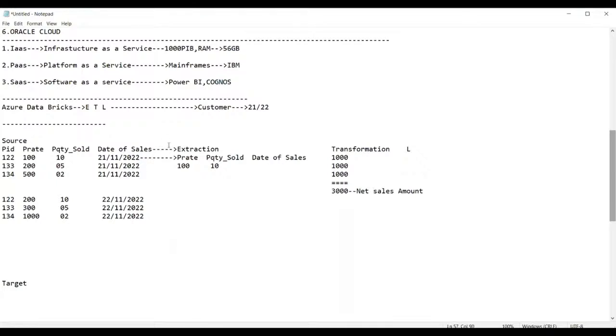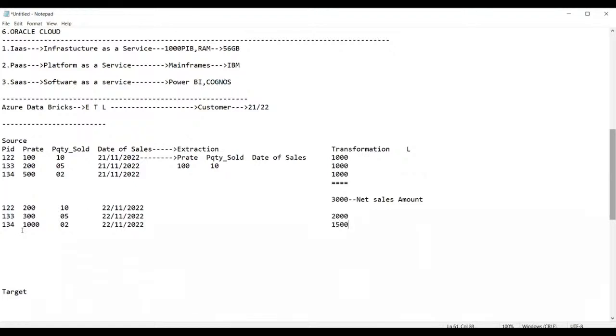So this you are doing under the process of transformation. Now, it is done for the 21st day. What about the 22nd day? Guys, help me out in this. For the 22nd day, 200 into 10 means what? 2000. 300 into 5 means what? 1500.